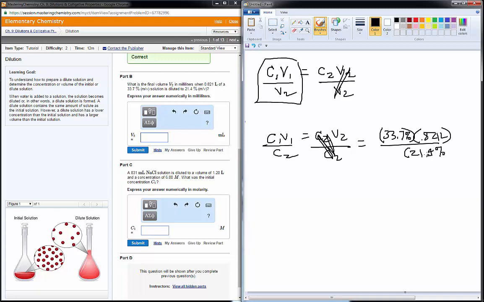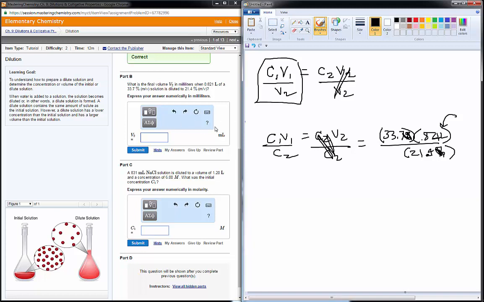And note here that because we set this up with dimensional analysis, so long as your units are comparable, it doesn't really matter what you use. So even though percentages usually use milliliters and grams, the fact that I've got liters here doesn't matter. My percentages cancel out. I'll be left with units of liters.